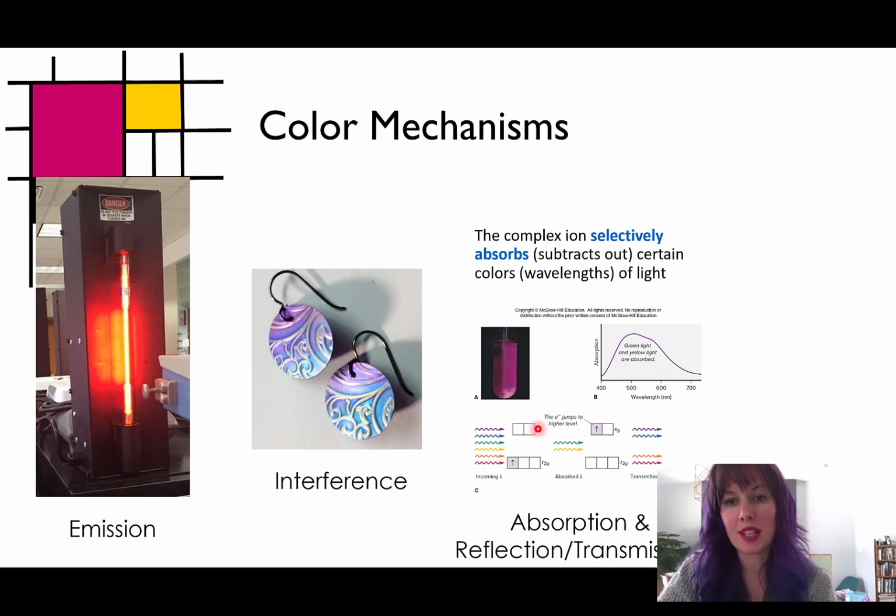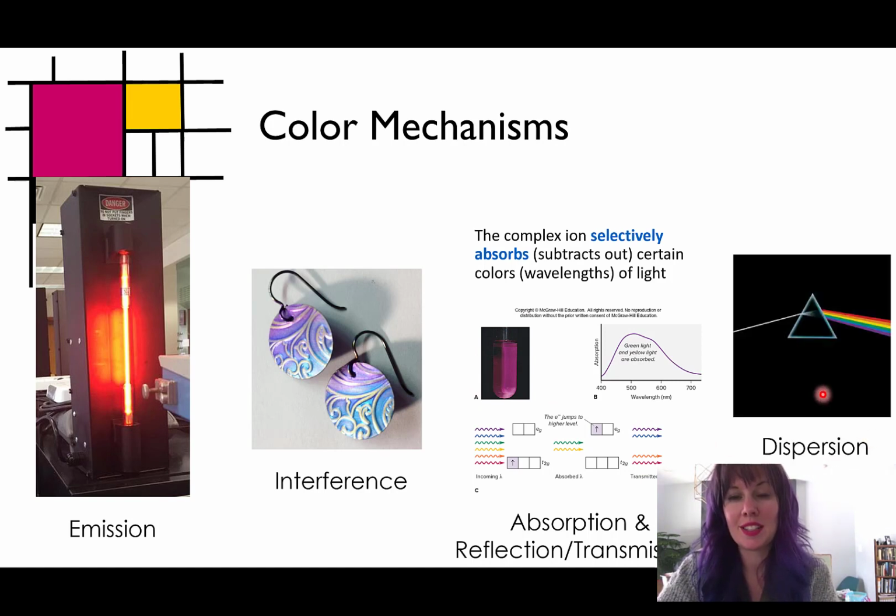Transition metal complexes that are colored are typically absorbing some visible light, such as this example where your green and yellow light is absorbed, and then your purple, blue, orange, and red are all transmitted, so that when these different colors add together, this additive mixing of light, we see this pink color. And then the last color mechanism is dispersion. Dispersion is when we are separating out our white light into the individual colors.